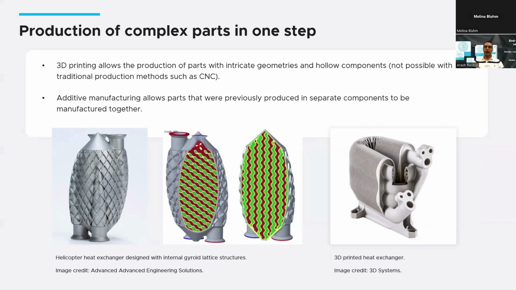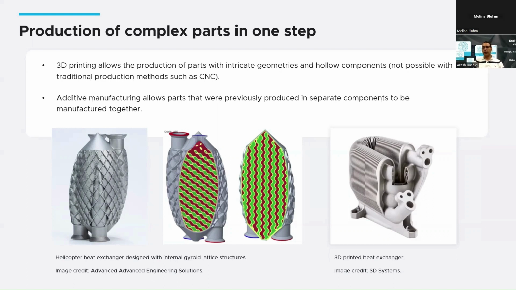So this design freedom, especially if you have intricate geometries or hollow components or special geometries, for example in the case of heat exchangers, means you can really increase the performance of your heat exchanger via 3D printing, with surfaces and geometries that are almost not possible to produce traditionally.